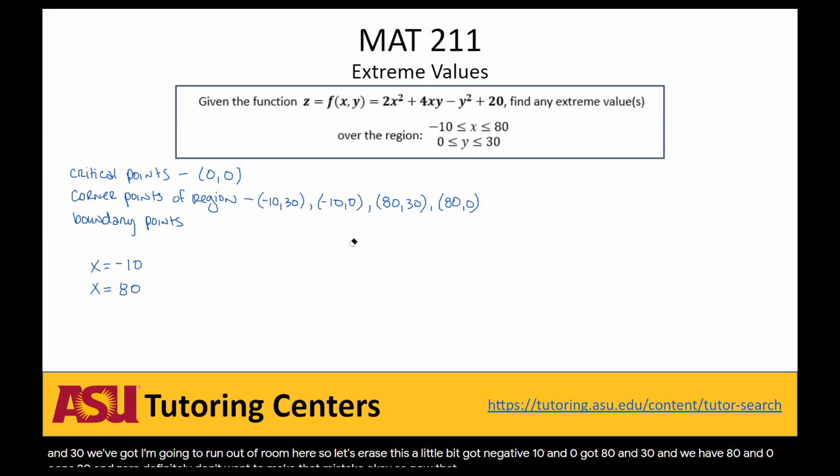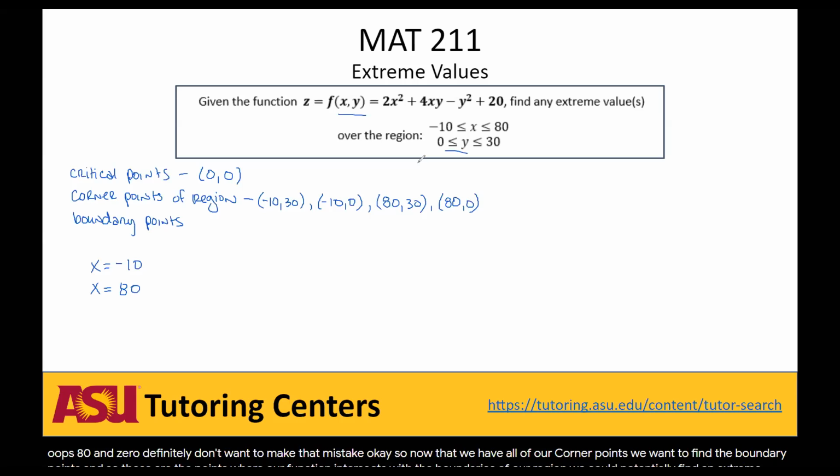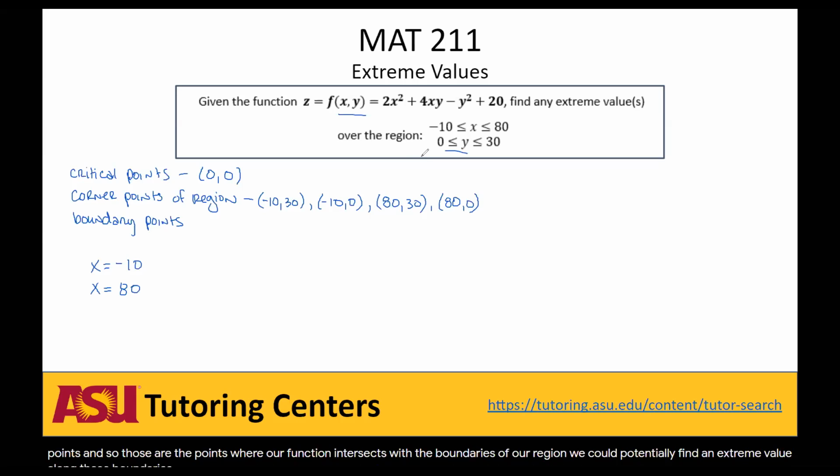Now that we have all of our corner points, we want to find the boundary points. Those are the points where our function intersects with the boundaries of our region. We could potentially find an extreme value along these boundaries as well.